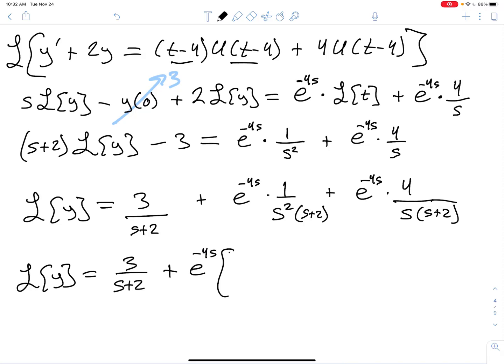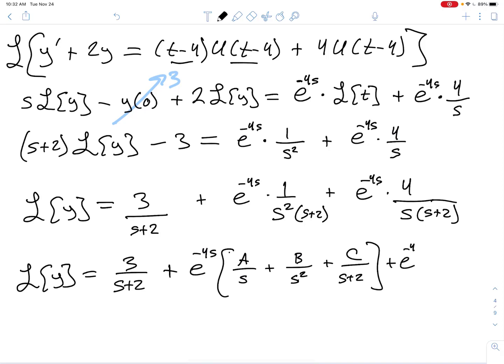That should turn out to be something of the form a over s plus b over s squared plus c over s + 2. And then we'll have e to the minus 4s. If we can fit this in here, this should end up being some d over s plus e over s + 2.